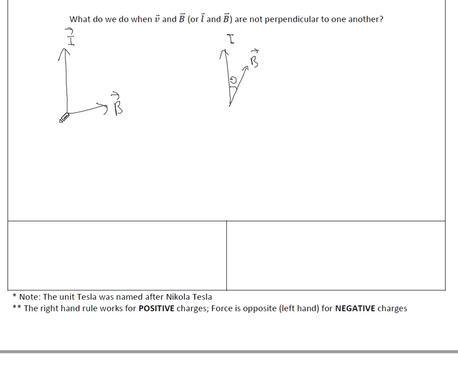In both cases, they're going to be into the page. However, assuming the magnitudes are the same, this force is going to be smaller. So you still create it, it's just going to be smaller. If you have a current and the magnetic field in the same direction, force is equal to 0.